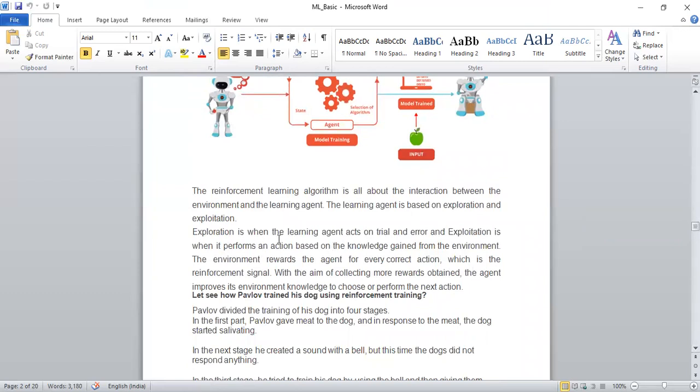That is, first exploration takes place when the learning agent acts on trial and error, and exploitation is when it performs an action based on the knowledge gained from the environment. The environment rewards the agent for every correct action, which is the reinforcement signal.